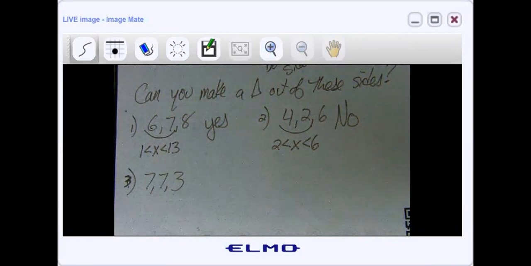Can you make a triangle out of those 3 side lengths? Okay, I am going to call on, let's see who gets chosen this time. Chase, can I make a triangle out of 7, 7, and 3?